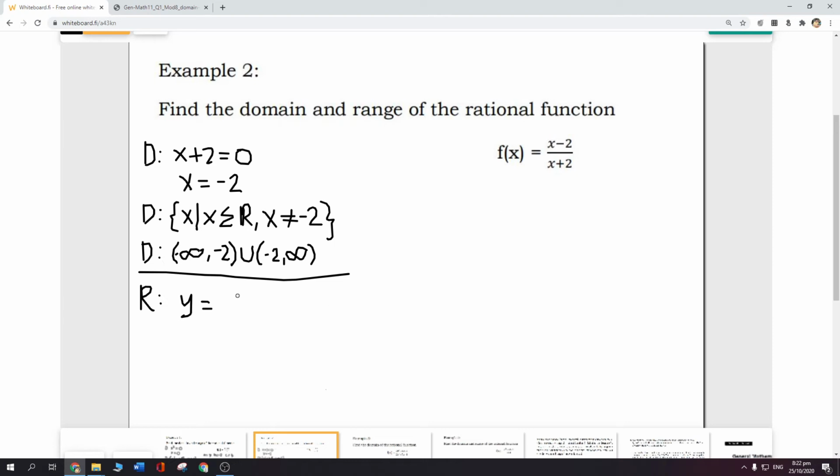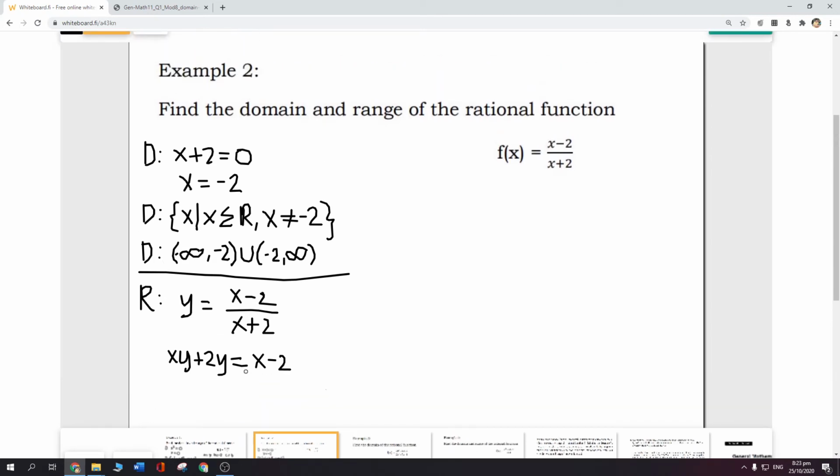So we have y equals x minus 2 over x plus 2. We will cross multiply. We have xy plus 2y equals x minus 2.